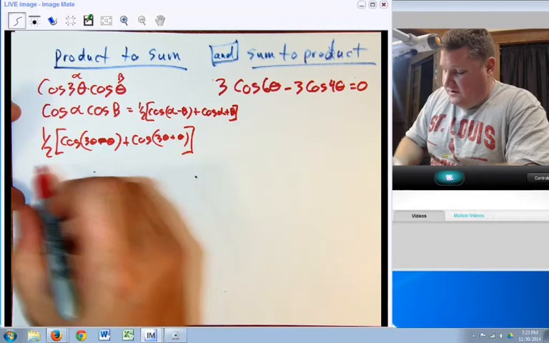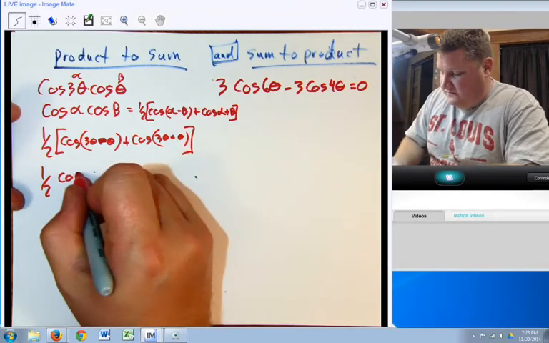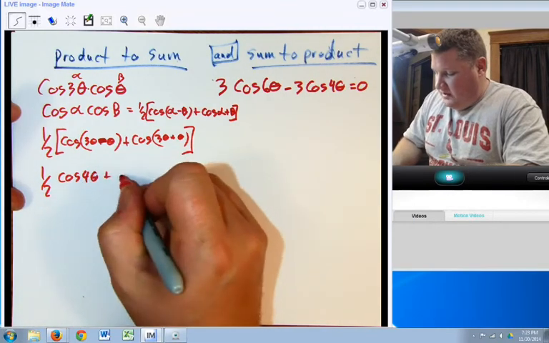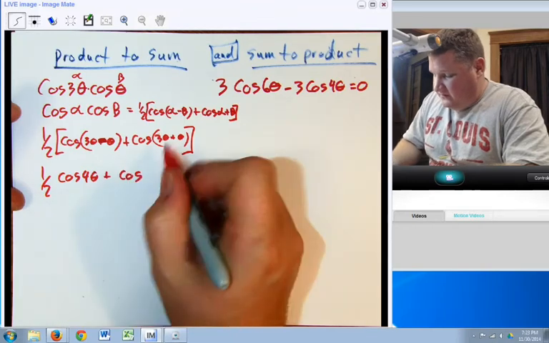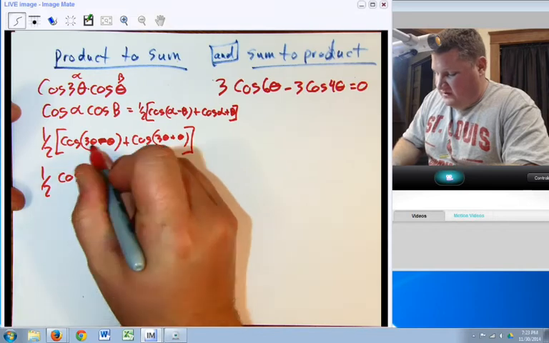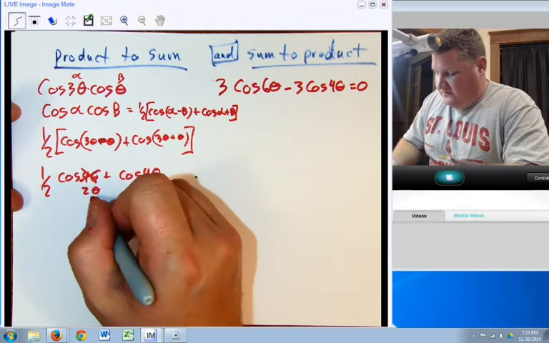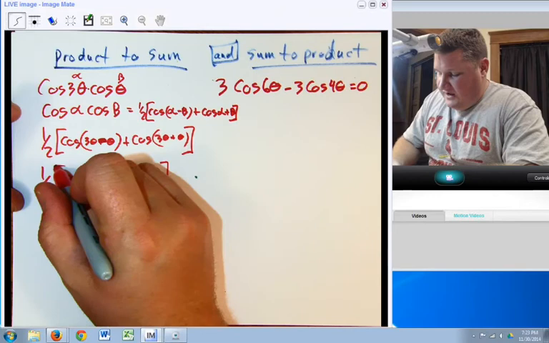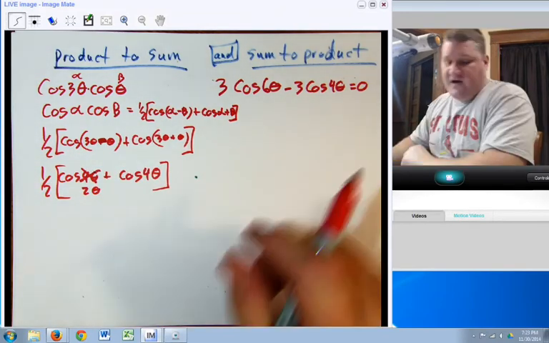And so here we go, 1/2 of cosine 4 theta plus cosine 2 theta, because 3 minus 1 is 2 theta. And there you go. That is as simplified as it gets.